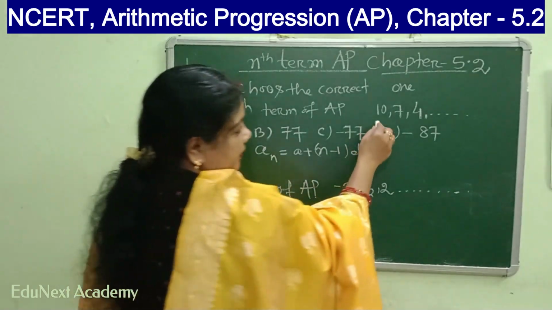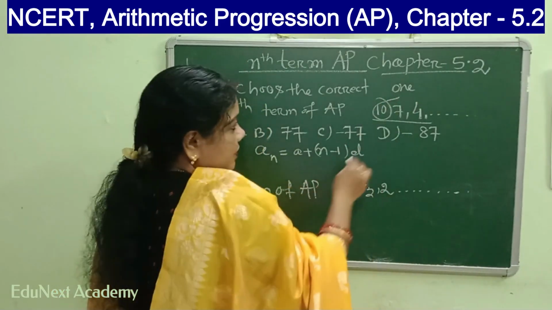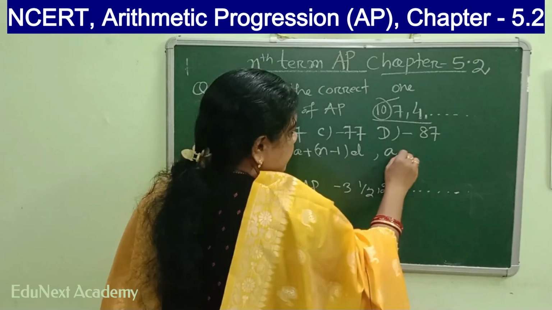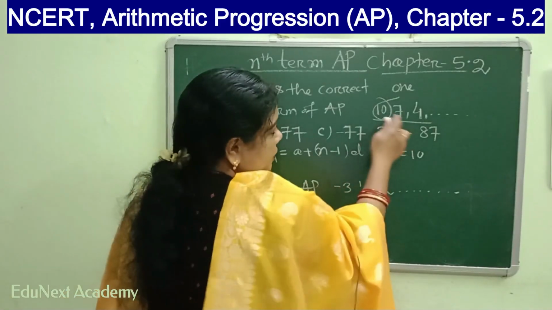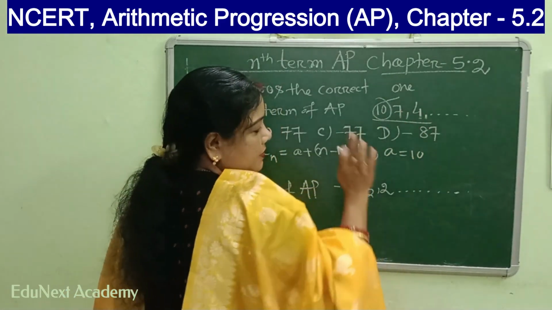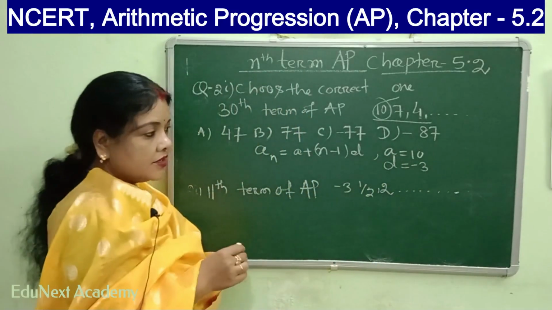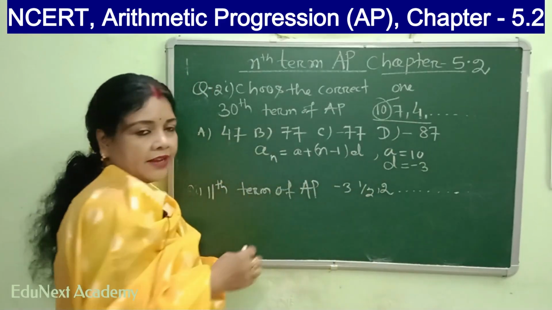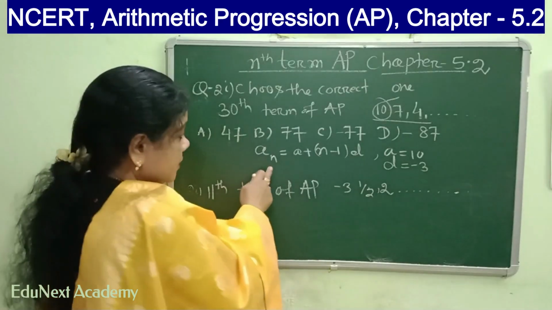The sequence given is 10, 7 and 4. So 10 is the first number, that means a is 10. Now the difference is 7 minus 10, that is minus 3, and 4 minus 7 is also minus 3. So d is equal to minus 3. Now let us put the values of a and d in this equation.